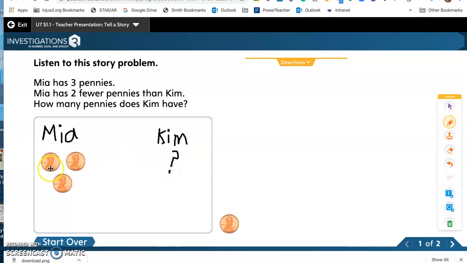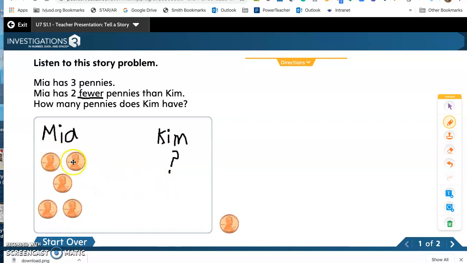We do know that Mia has less than Kim because fewer means less. So if Mia has 2 less than Kim, then I would have to add 2 pennies to show how many Kim has. So I'm going to add 2 pennies to what Mia has to show what Kim has.